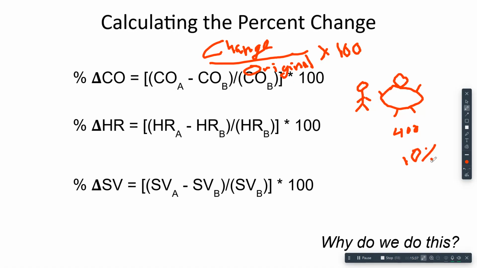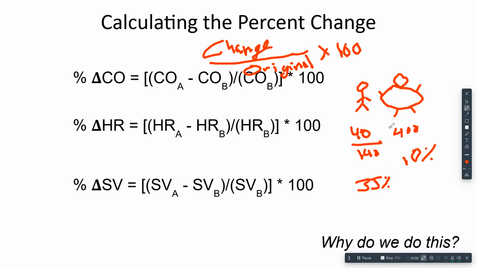He lost 10% of his body weight. But this guy over here only weighs 140 pounds. So 40 over 140 times 100. Well, that's going to be what, like 35%. I just did that in my head, so if I made a mistake, forgive me. But you get the idea.